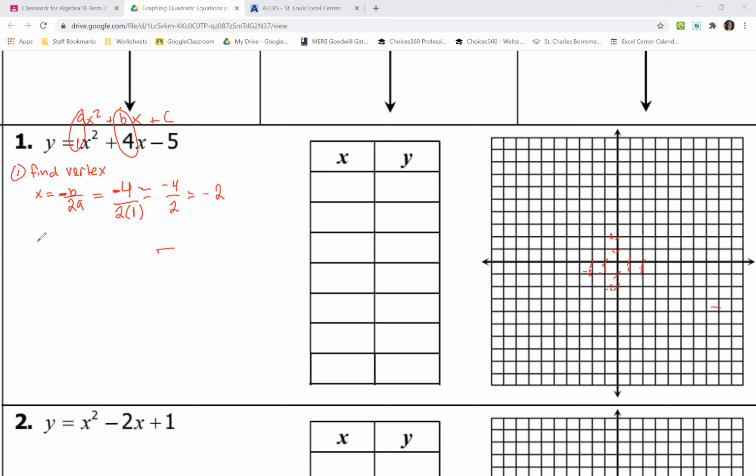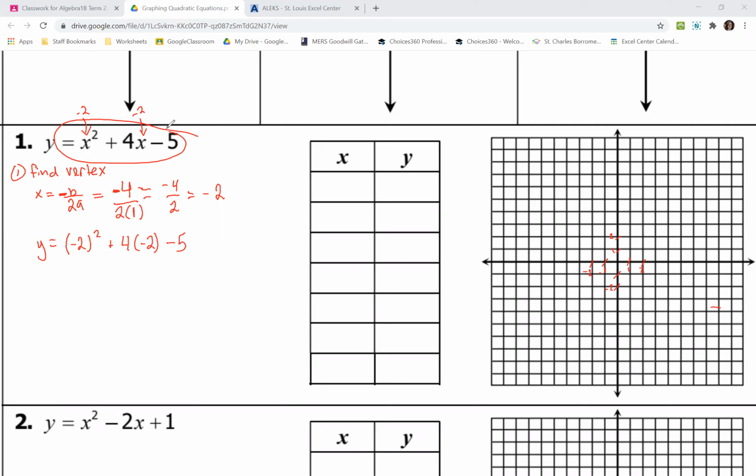And then the y will be whatever happens after I plug negative 2 in for x. Be careful when you plug negatives in. I told you, you've got to be really careful with it. Everywhere I see an x, I'm going to plug negative 2 in. So this is negative 2 squared plus 4 times negative 2 minus 5. All I have to do is simplify.